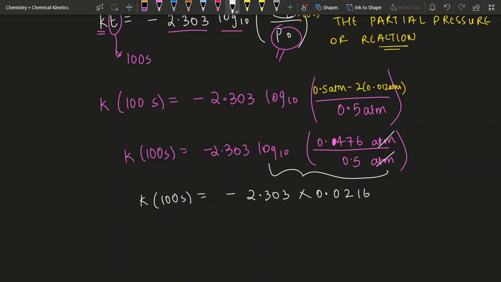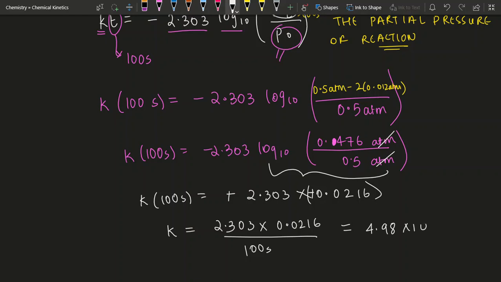Now there are no units on the right hand side, and there is also a negative sign there, by the way, so the two negatives just cancel out. So k is equal to 2.303 times 0.0216 over 100 seconds. You could do this by calculator, and you would arrive at 4.98 times 10 to the power negative 4 second inverse.